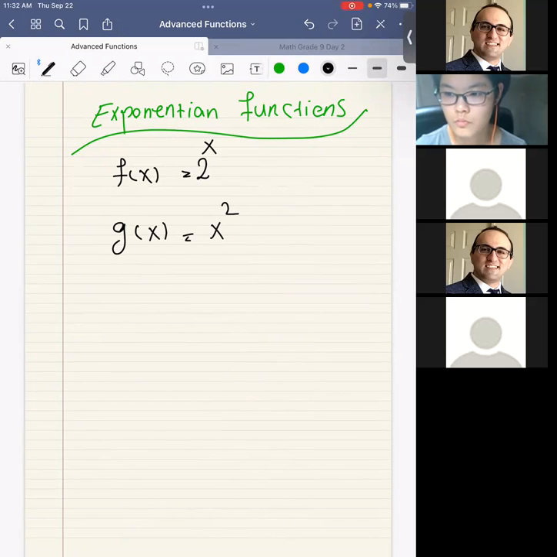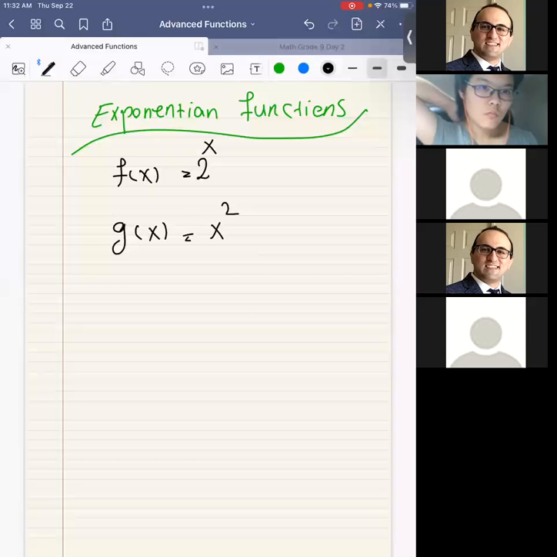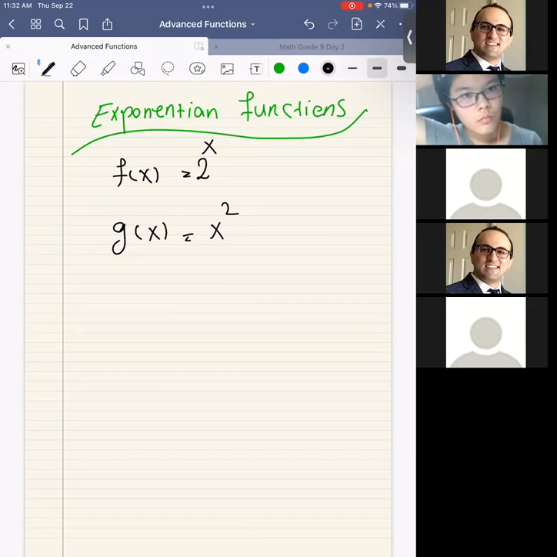But the base here is x, and the base changes. For the first one, which is an exponential function, the exponent is not fixed. The exponent can change, right? So that's a substantial difference between exponential functions and polynomials.